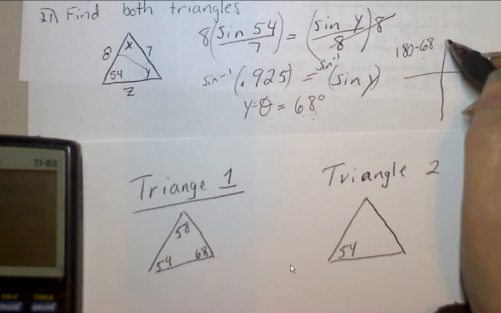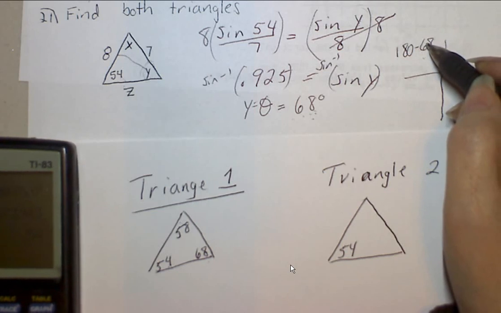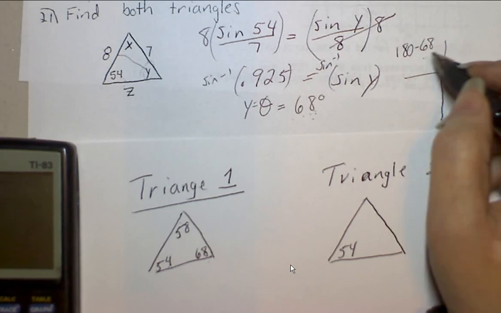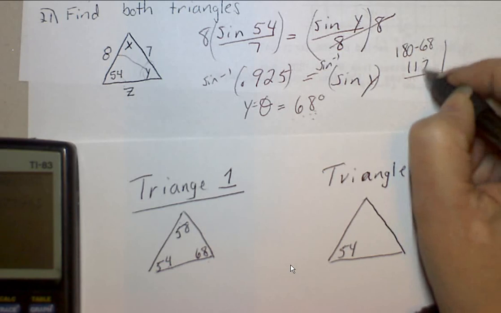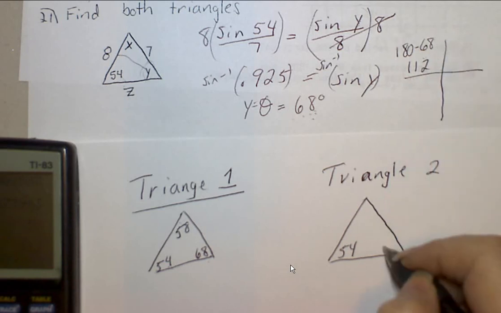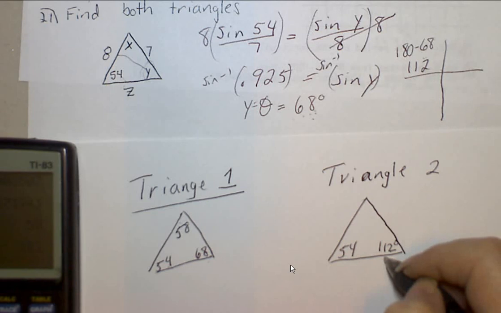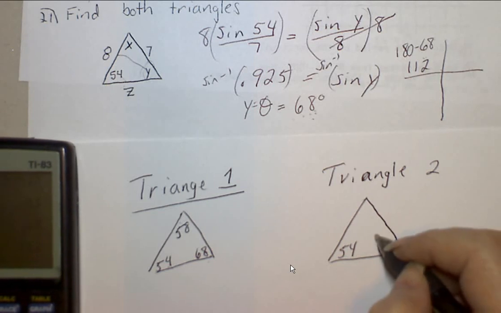So 180 minus 68 gives me 112. So this could be 112, and if this was 112, we have 54 plus 112, and we have to subtract that from my 180. So this is a 14 degree.